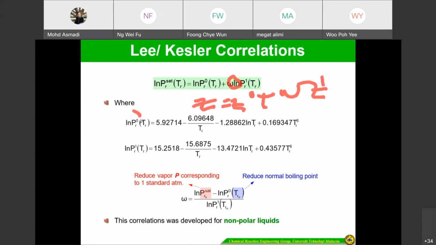Just use this equation and substitute here, and get the TR. This correlation was developed for non-polar liquids for the saturated pressure, the vapor pressure. This is a reduced vapor pressure.